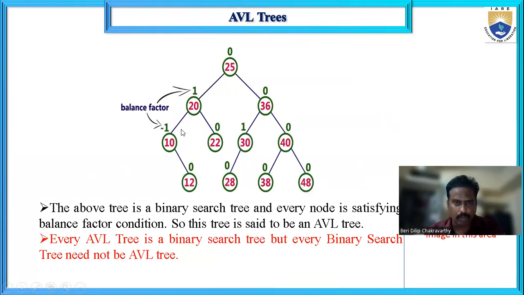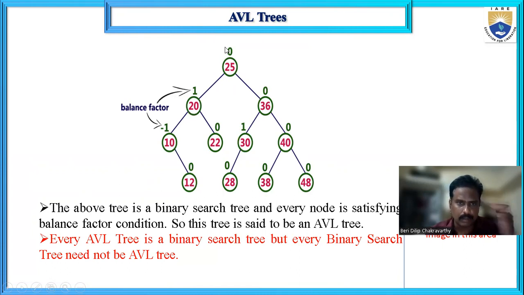So how am I getting these values? I'm calculating the height. Observe for 25. The height of the left subtree is 1, 2, 3, so one edge, two edges, and three edges. So the height is 3 in the left subtree, and the right subtree is 1, 2, 3. So 3 minus 3, you will get 0.